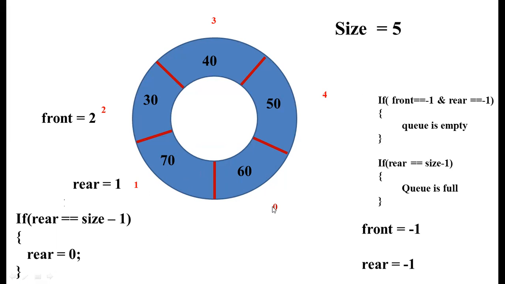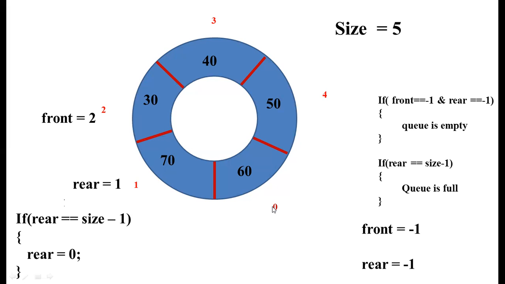So when we face such a situation, we have to go for another condition which also represents that the queue is full. So based on these two conditions, we decide whether the queue is full or not.